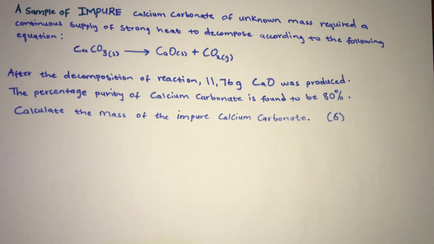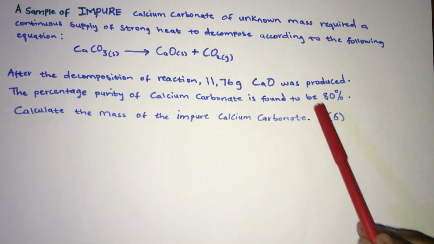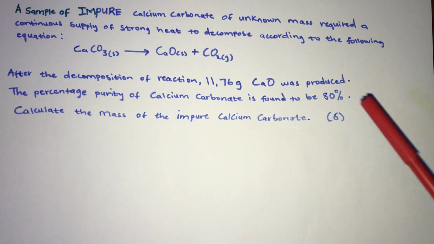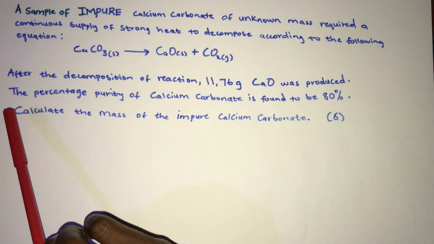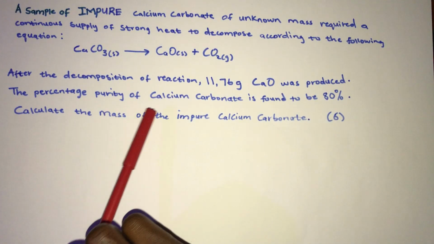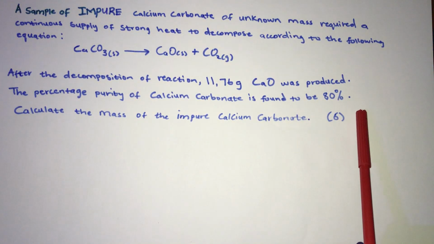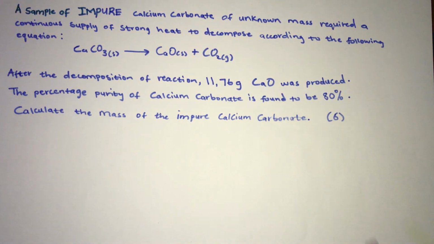After the decomposition of the reaction, 11.76 grams of CaO, or calcium oxide, was produced. The percentage purity of calcium carbonate is found to be 80%. Then calculate the mass of the impure calcium carbonate.